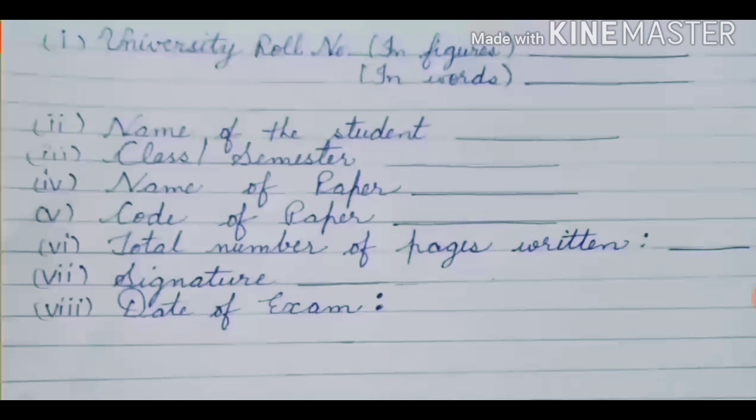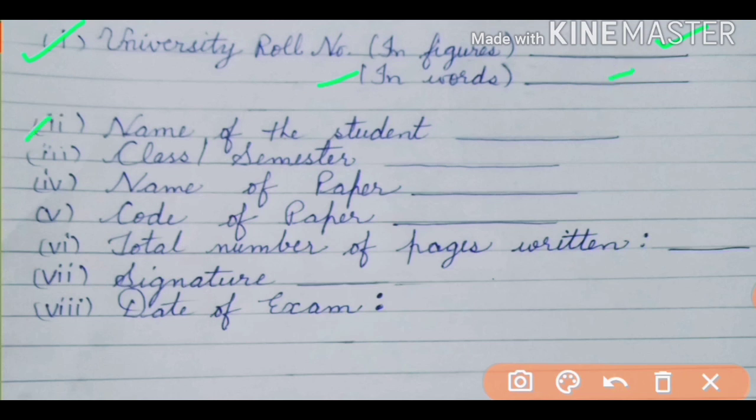Dear students, before we learn about Adobe Scan, the candidate will be required to write all information on the first page of the answer sheet. Here the first is university roll number in figures and here in words. Similarly, the second point is name of the student. The third is class or semester. That means if you are in BSc and your semester is 6th, you can write BSc 6th semester.